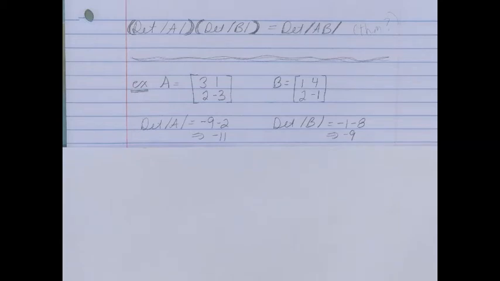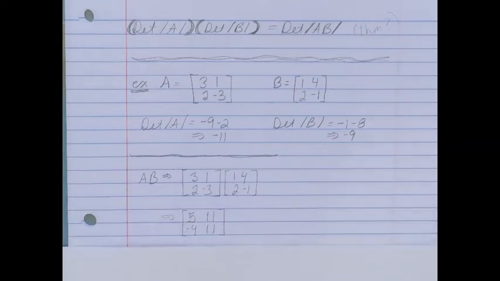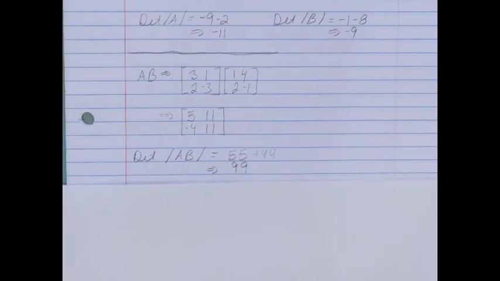Individually, those are the determinants for A and B. The idea behind this property is to multiply A times B. When we do, we get 5, 11, negative 4, 11. The determinant of A times B is 99.